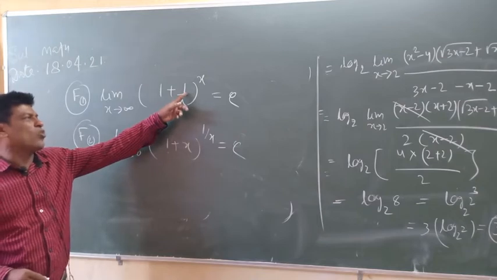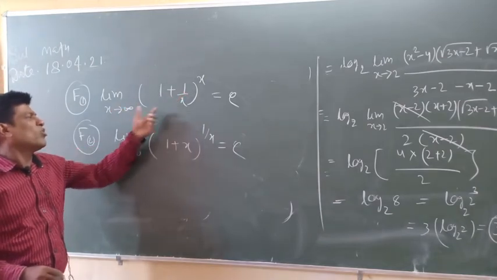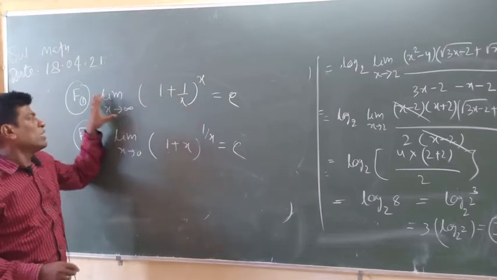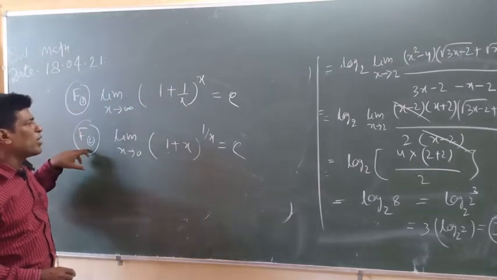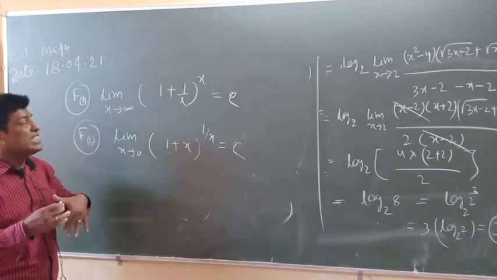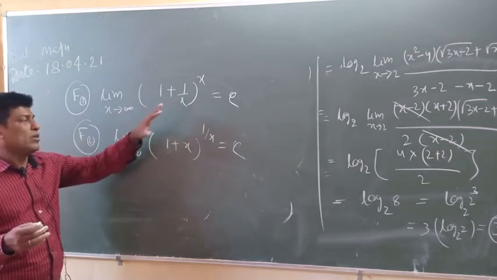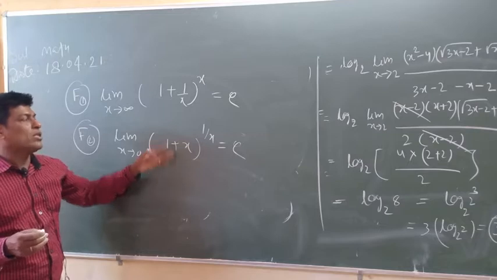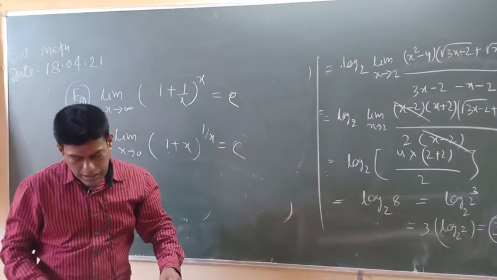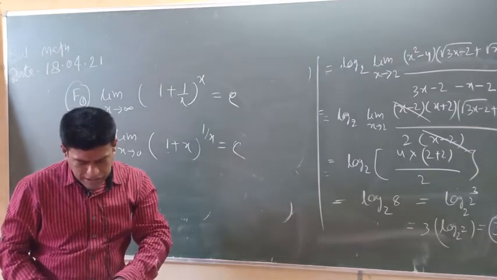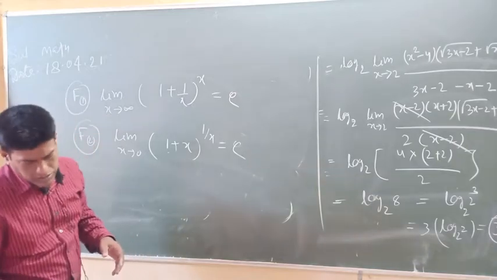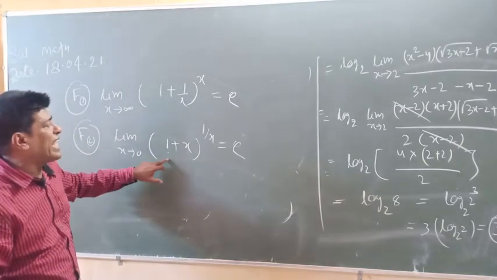Put 1 by x is equal to y, y tends to 0, 1 plus y to the power 1 by y. From that formula you can create the other formula, and that formula also creates this one, only by changing the limit, x tends to 1 by y. You can put that in and get this answer also. These two formulas must be used in those two problems, I think problems number 9 and 10.